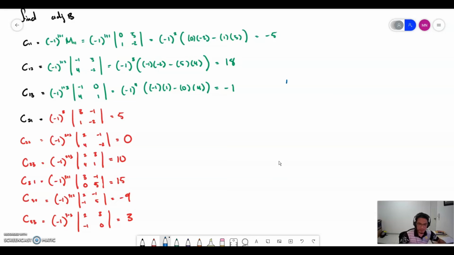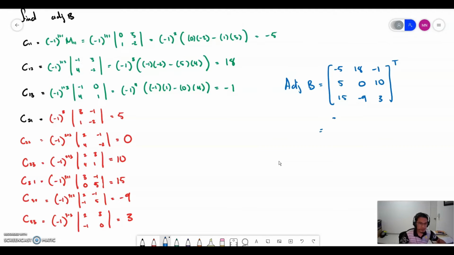Then we write down the adjoint for matrix B, which is equal to the cofactors C11, negative 5, 18, negative 1, 5, 0, 10, 15, negative 9, and 3. Okay, but don't forget to transpose this matrix.